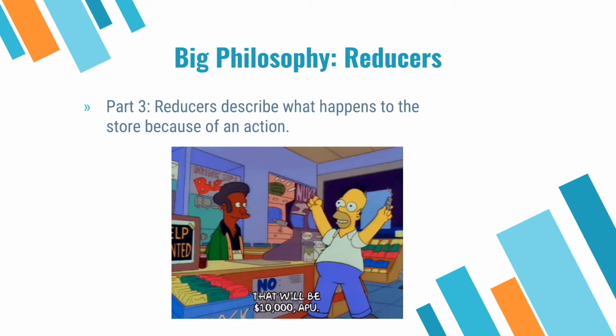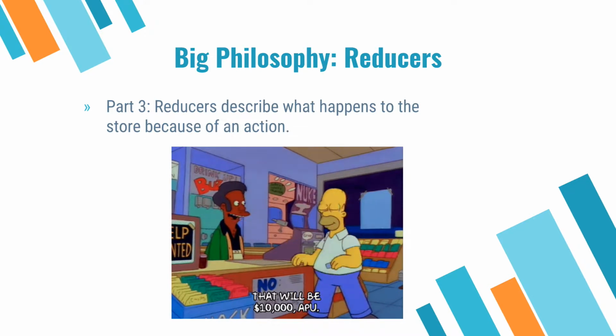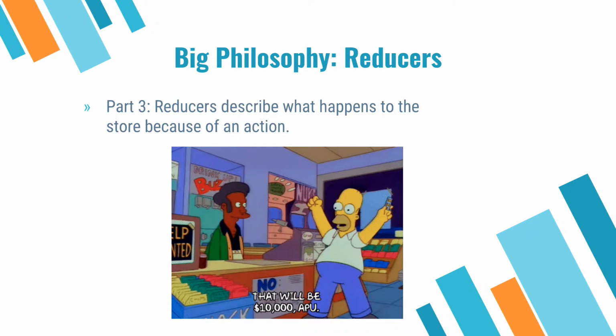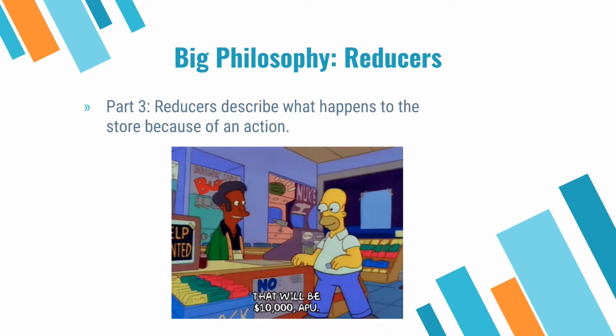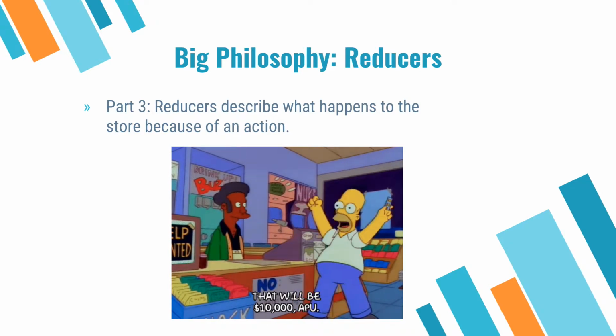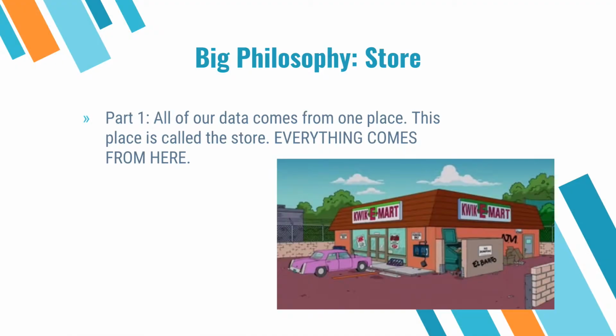So it describes what happens because of an action. I might have an action, for example, like user logged in. And the reducer is going to actually change the store or change the state of the application as a result of the action. So they all sound very similar, but they're very specific things. This is the behavior, this is the thing that actually happened, and this is the place where everything lives.